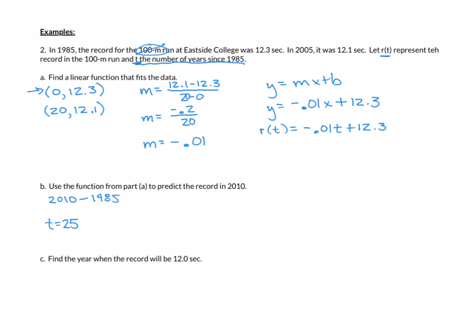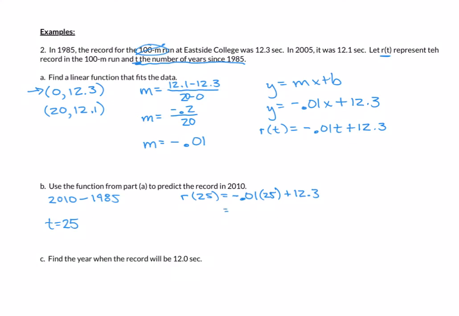So now if we go ahead and plug it into our function, we get r of 25 equals negative 0.01. Remember, we replace all of our t values with 25. Negative 0.01 times 25 plus 12.3.